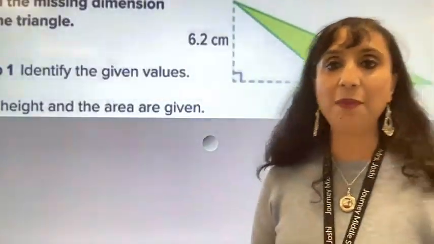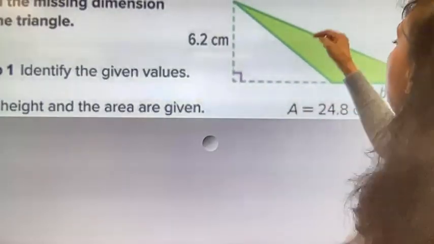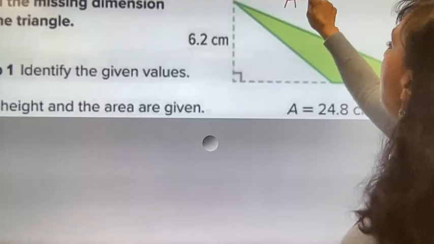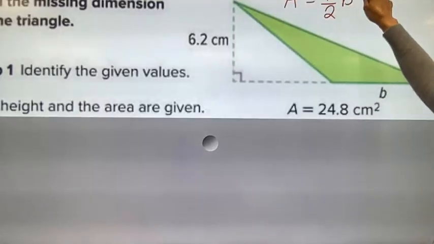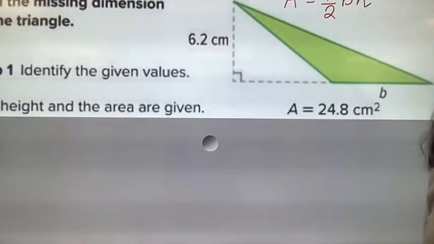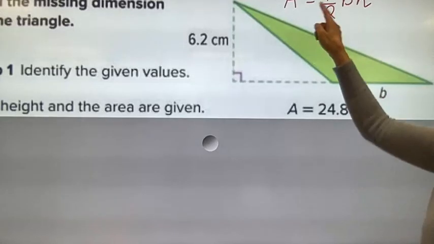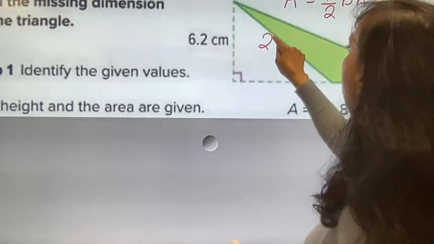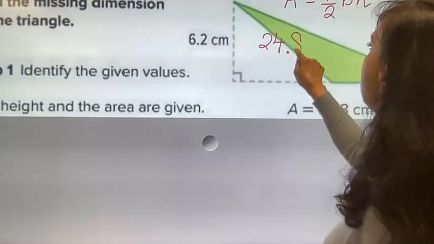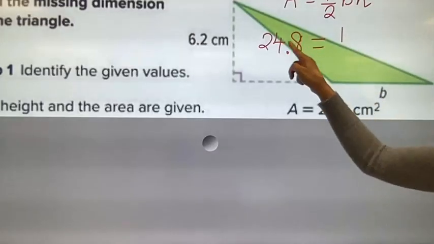So once again, please remember, a formula is an equation. So I am just going to write it out. A is equal to 1/2 base times height. And is my base given? No, it isn't. Is area given? Yes, it is. So I have 24 and 8/10 is equal to, so I'm just substituting the value, look.